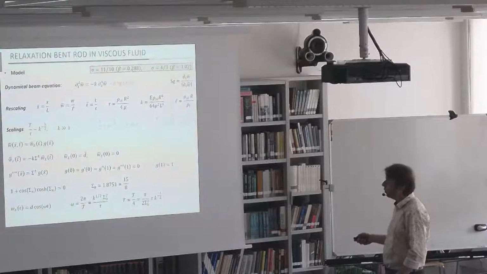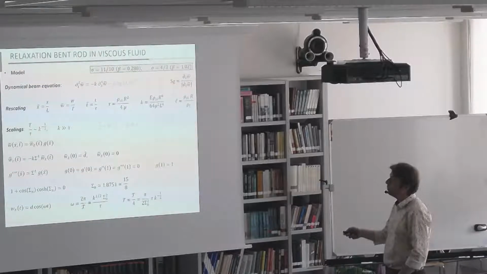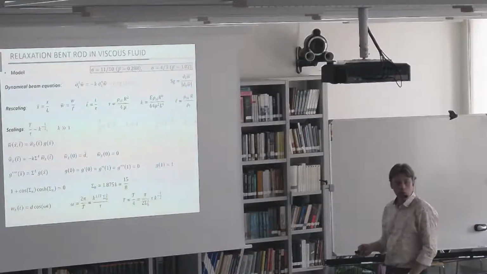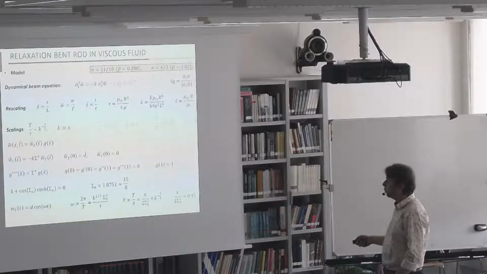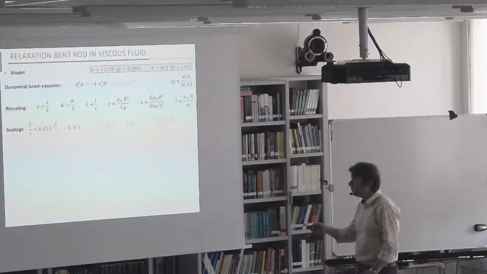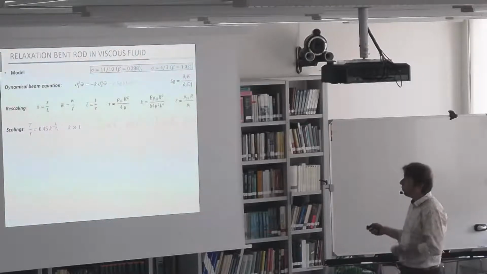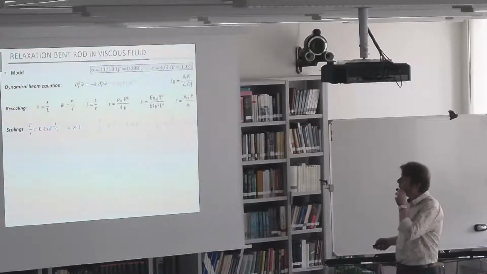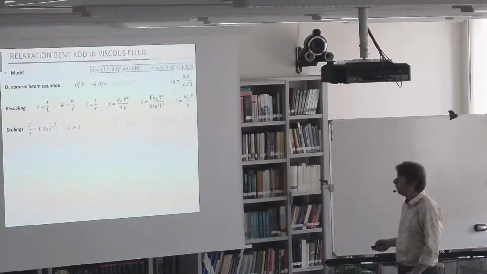And you recover, of course, that t is proportional to k to the minus 1/2. But now you get the coefficient. And the coefficient, because you know sigma, is about 0.45. So we get this.